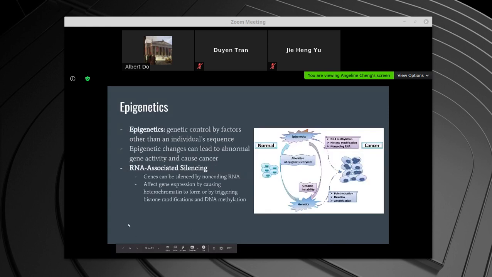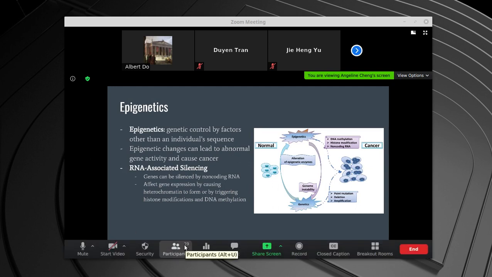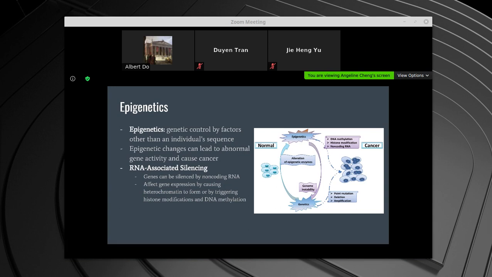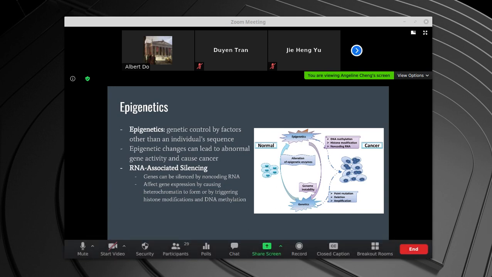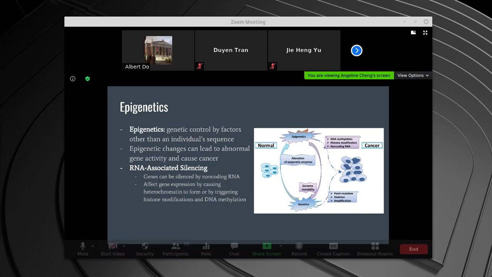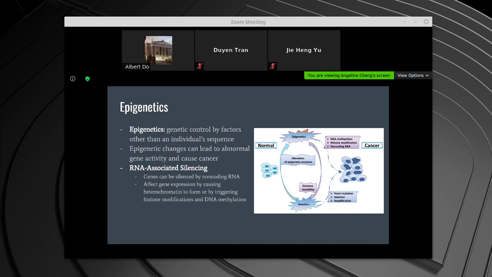So in a tumor cell, there are genetic and epigenetic changes observed. Epigenetic is defined as the genetic control by factors other than an individual's DNA sequence. So changes in the epigenetic pathway can lead to abnormal gene activity and cause cancer.